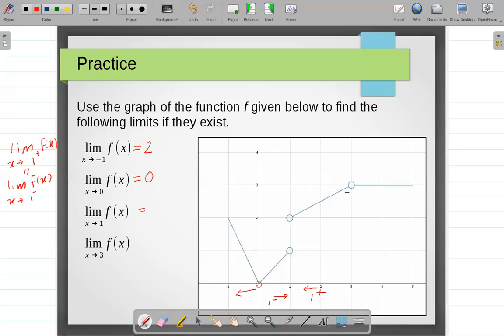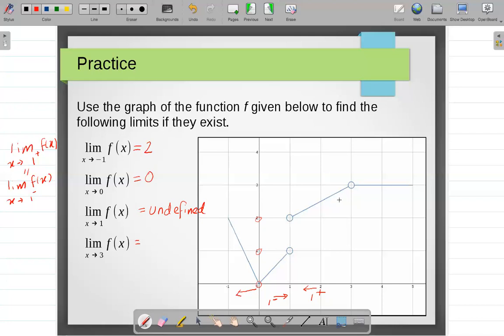When x approaches 1 from the right, the f of x here is 2, right? And when x approaches 1 from the left, f of x is 1. So we have 2 different values, right? So in this case, that's why this is undefined.